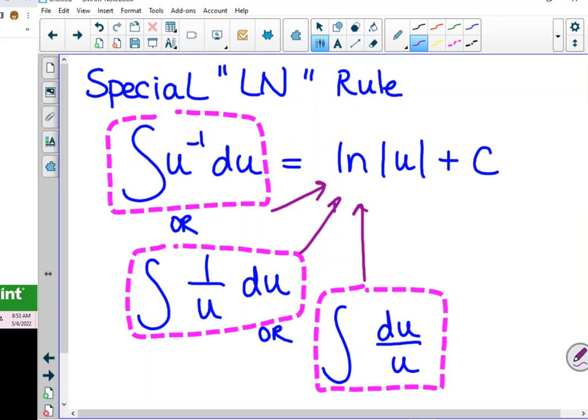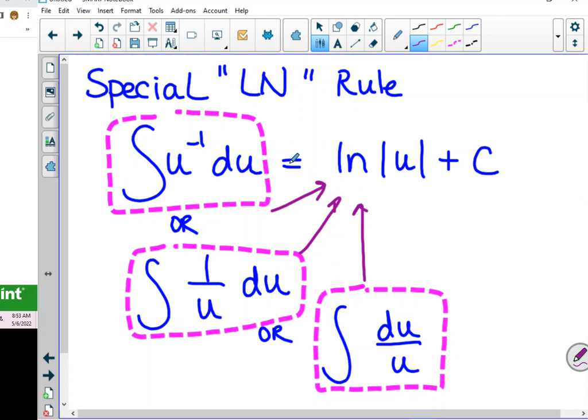It's not intuitive that it's natural log. Other than the fact that when you take the derivative of the natural log of something, you get 1 over it. If you remember that, then if I got this kind of derivative, 1 over something, it came from the natural log of that thing. That's the only way you make sense of it. Other than that, you just memorize it.